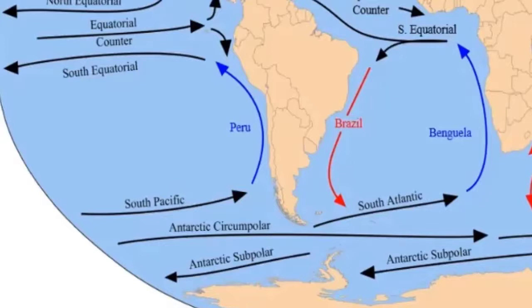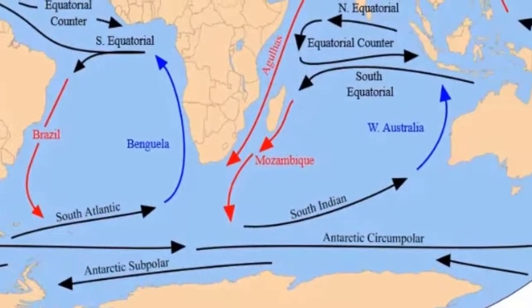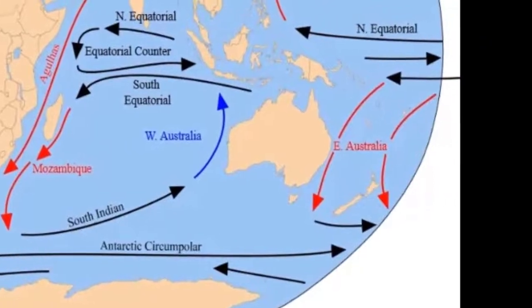It moves up off the coast and then bends back, hooks to the left. It takes that property of the cold water, and then it interacts with the air, cooling the air, and moves out across the Pacific. When it gets out to the other side of the Pacific, it bends back down.